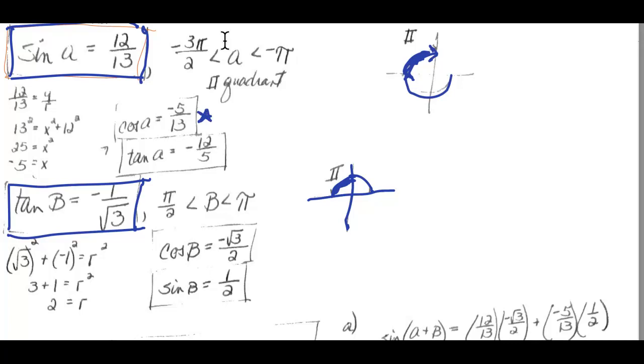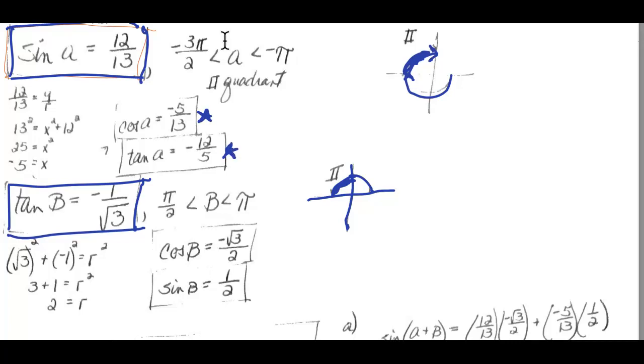And then I can find tangent. There's a couple of ways to do that. You can put sine over cosine. That's what I did. I wrote it as that fraction and reduced it and got -12/5. So this would be our answer for tangent of alpha.